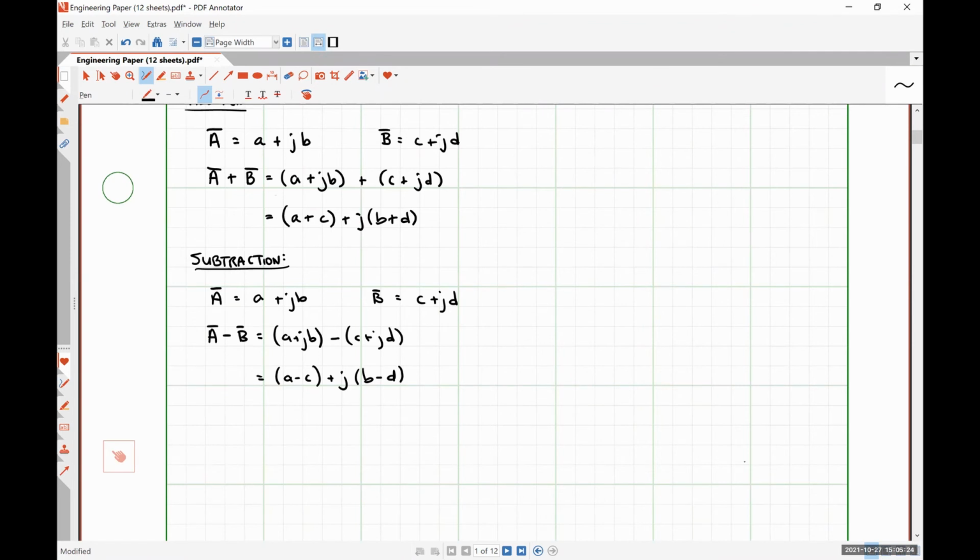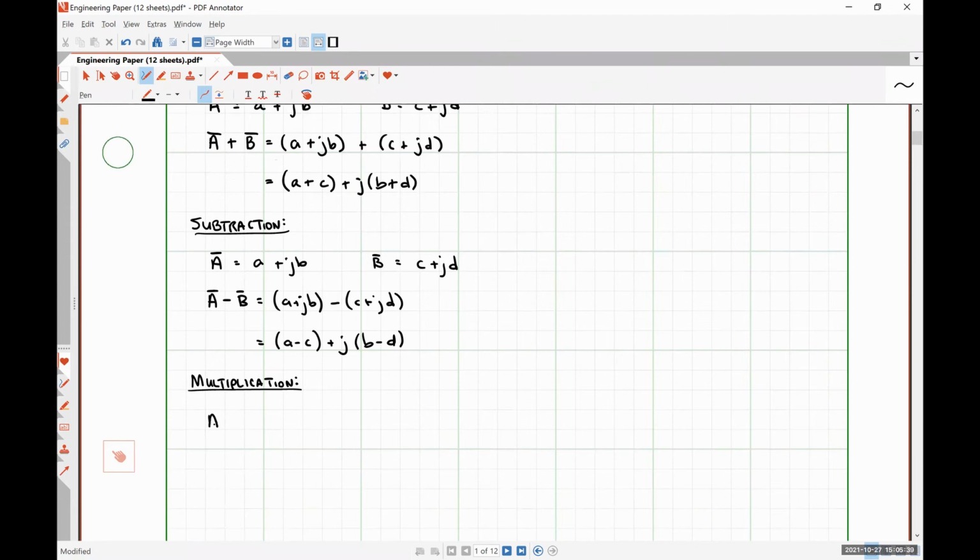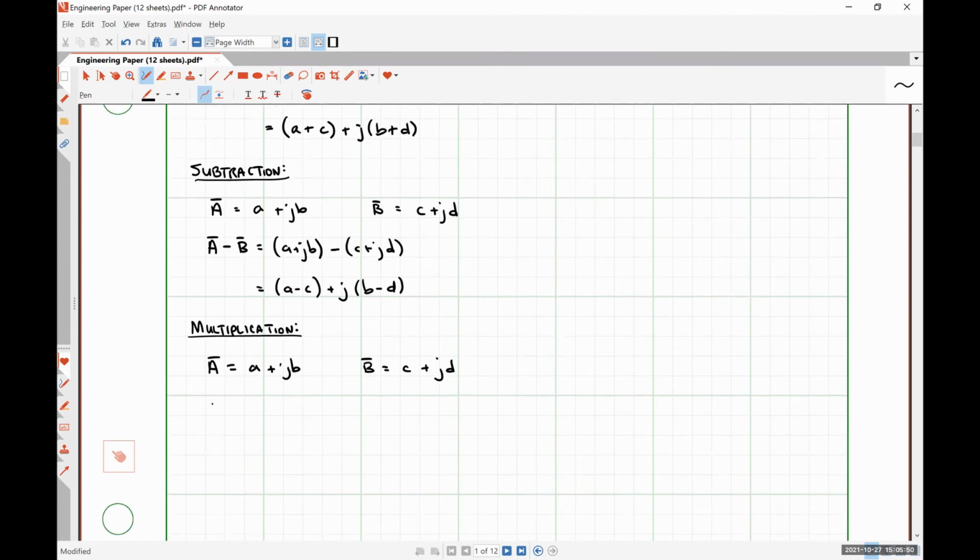Multiplication is where things get a little bit different. So if we have those same complex numbers, A multiplied by B, and I want to be very clear, okay?